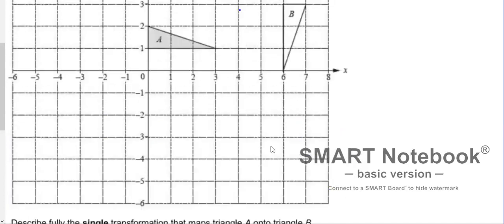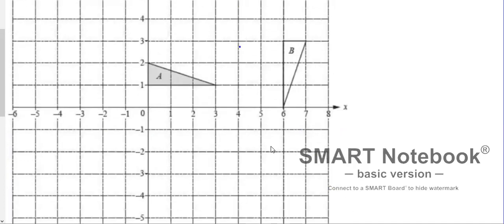So we have to state whether this object, triangle A, has been moved to triangle B, our image, by rotation or translation or enlargement or reflection. So we have to find out.